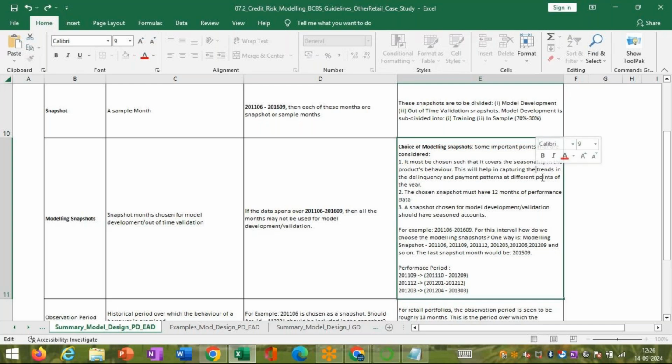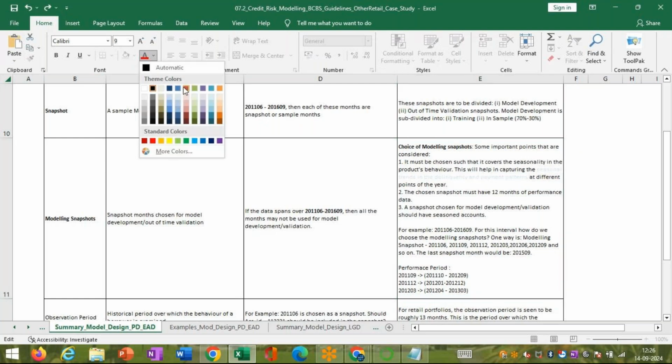The seasonal trends at different points of the year. So this is one of the most important points that we should keep in mind.